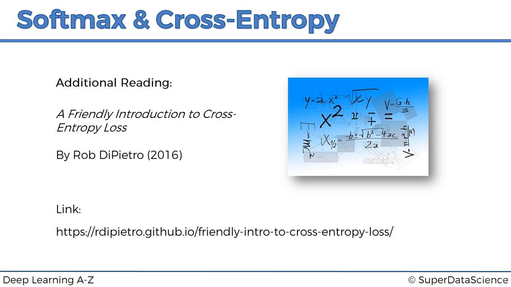So, additional reading. If you're interested in cross entropy a bit more, a good article to check out is called A Friendly Introduction to Cross Entropy Loss by Rob DiPietro, 2016. Here's the link below. Very, very nice, very soft, no super complex math.